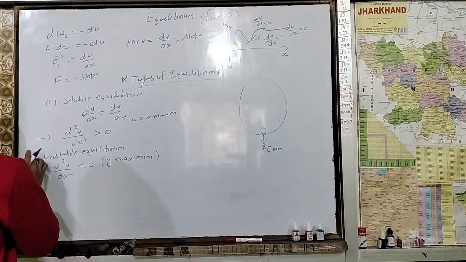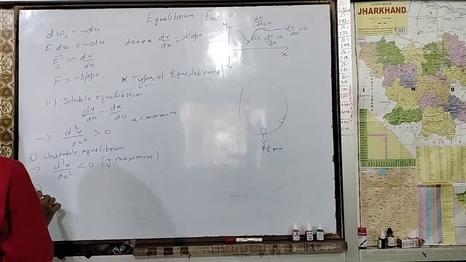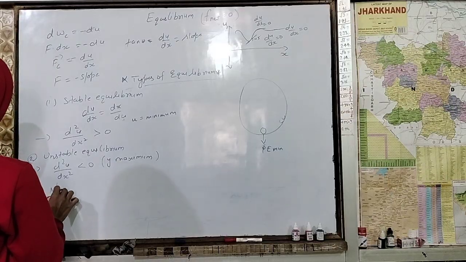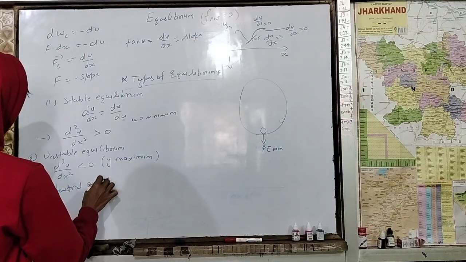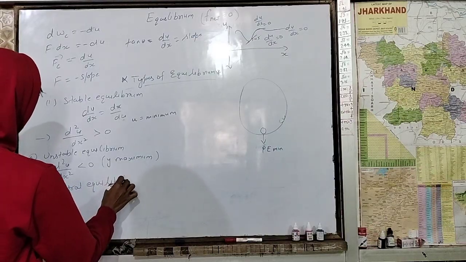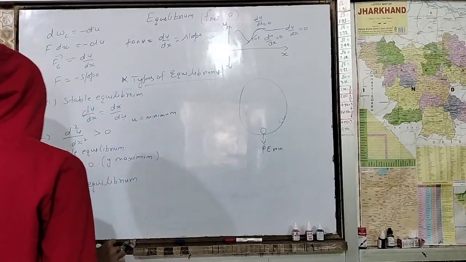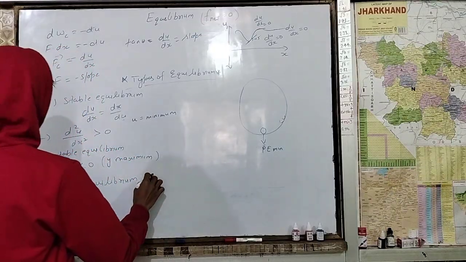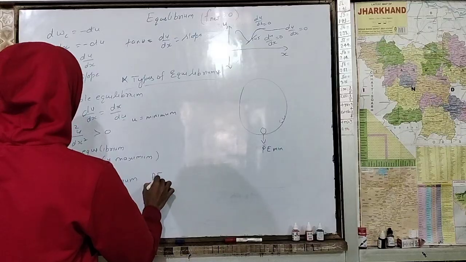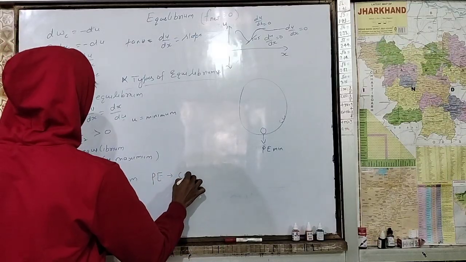Third is neutral equilibrium. Neutral means neither more, neither less, only 0.